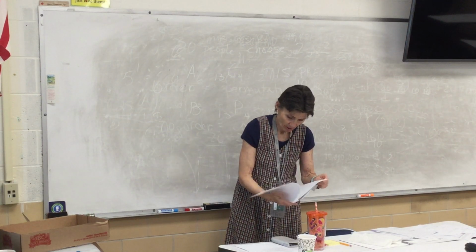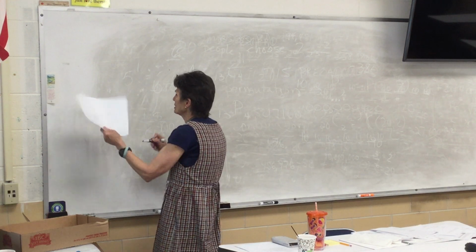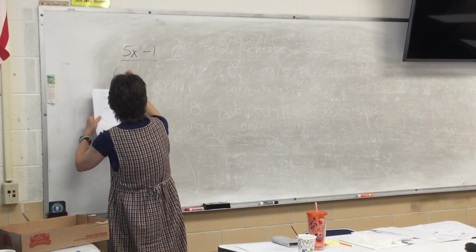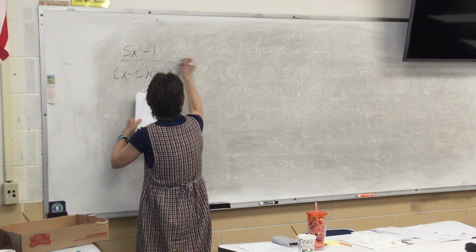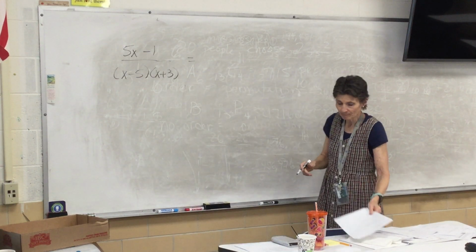This is 7.4, number 2, we're talking about partial fraction decomposition. So the first problem, I'm going to go ahead and factor my denominator because that is the first step. You want to get your denominator factored.